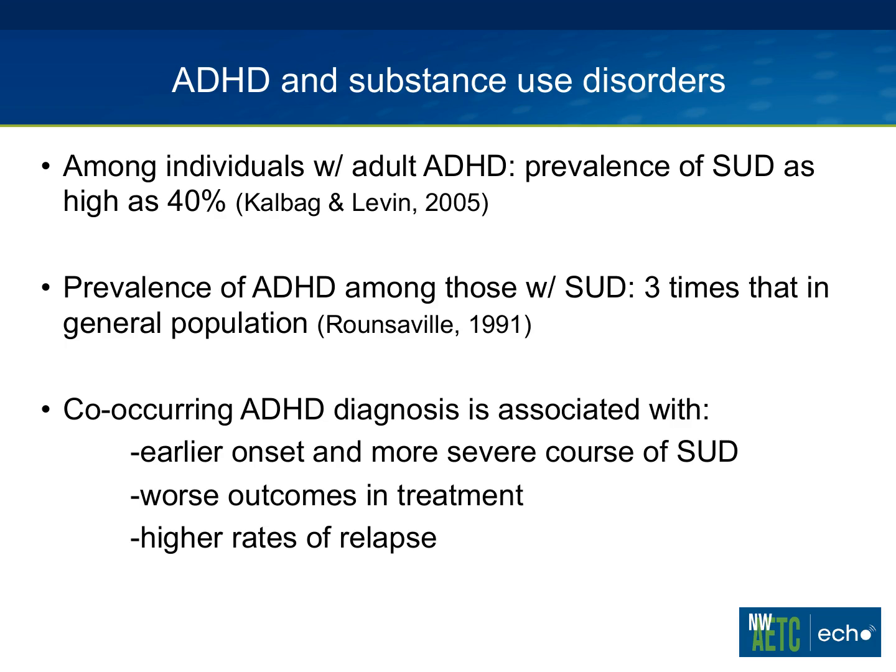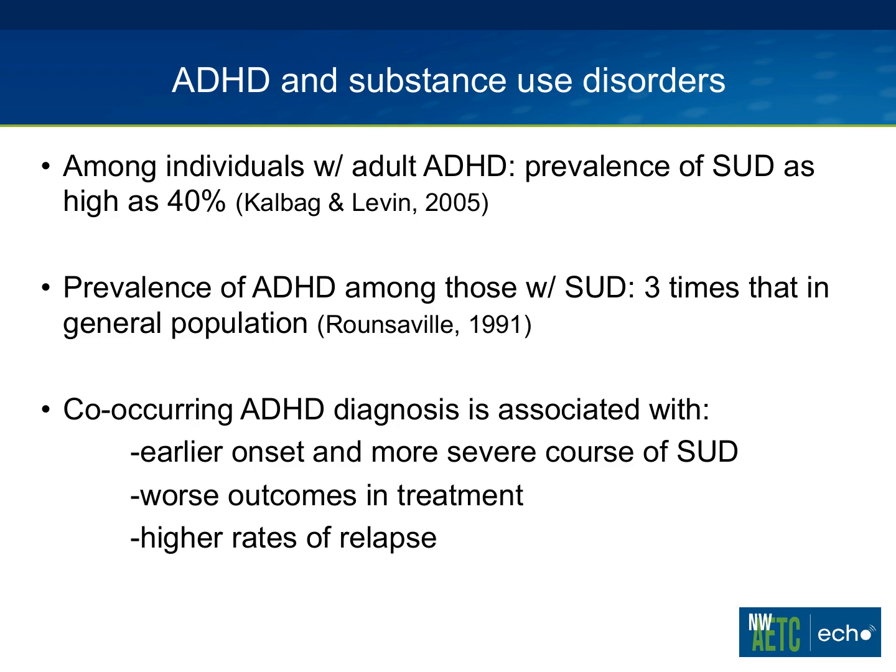ADHD is frequently comorbid with substance use disorders. I think we've all had many patients with a history of methamphetamine use or abuse who are asking about being on adult ADHD medications. Among individuals with adult ADHD, the prevalence of substance use disorders is as high as 40%.